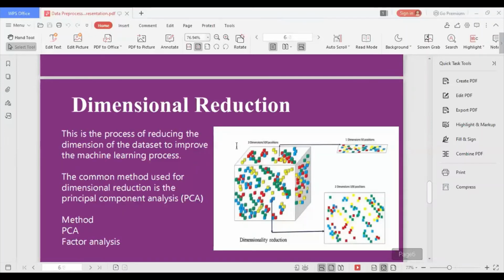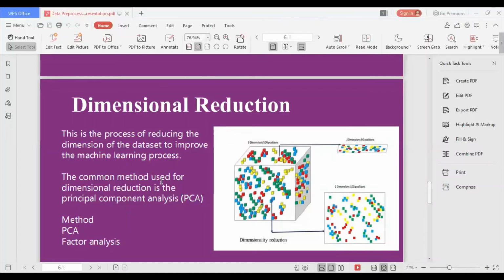So, let's talk about data dimensional reduction. In dimensional reduction, we attempt to refit our data set into a new plane in order to reduce the data set dimension.